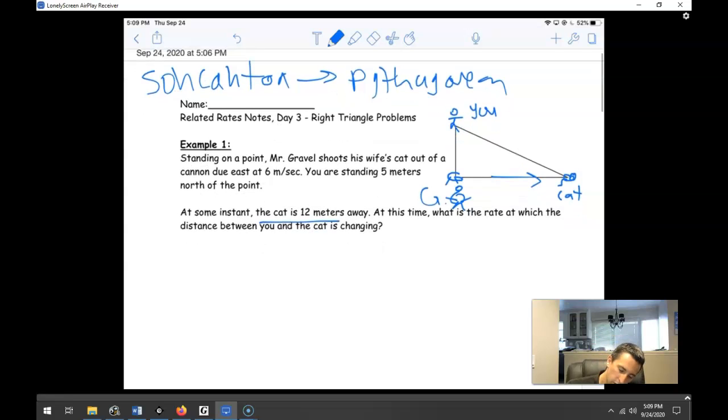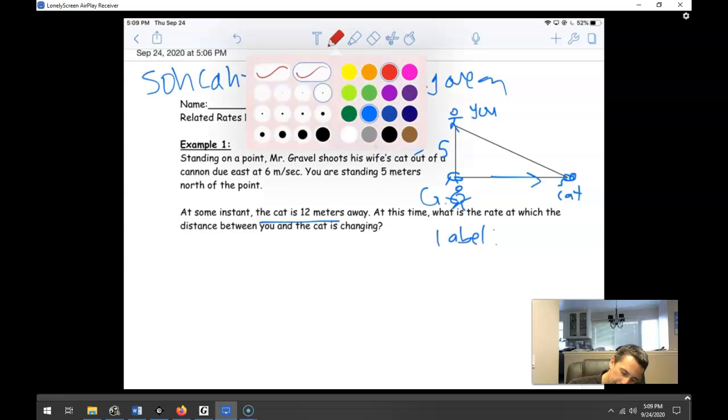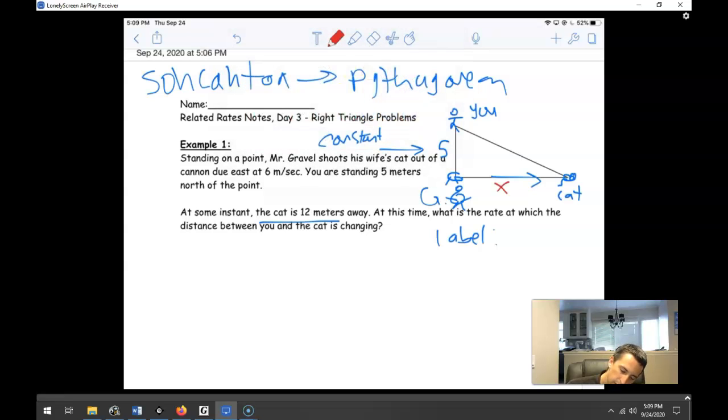What I wanted to encourage you guys to do is to label your diagram. Like you guys are 5 meters north. You're not moving, Gravel's not moving. This is a constant. The cat's distance, let's call that x, right? Because that's changing. When the cat is being shot out of the cannon at 6 meters per second, x is increasing, it's getting further and further away.